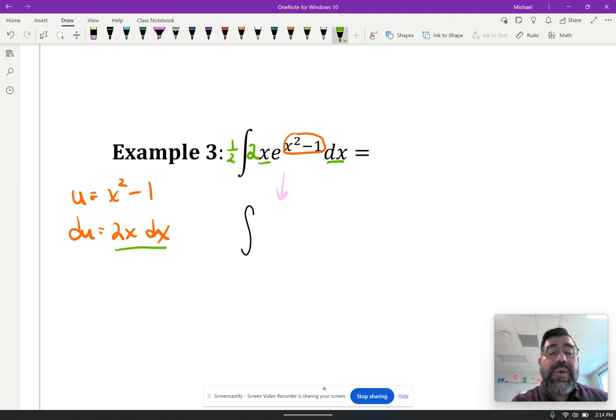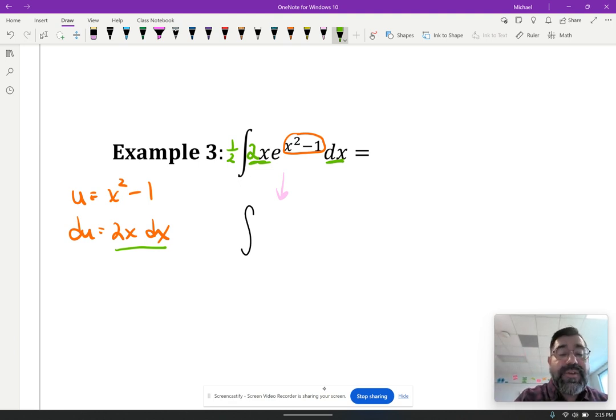So if I multiply 1/2 times 2, that's 1. That would be the original integral, right? But I need this 2x dx in order to replace a du. So let me introduce this constant multiple. But if I do that, I got to balance it out with a 1/2 that I'm multiplying on the outside, with its reciprocal on the outside.